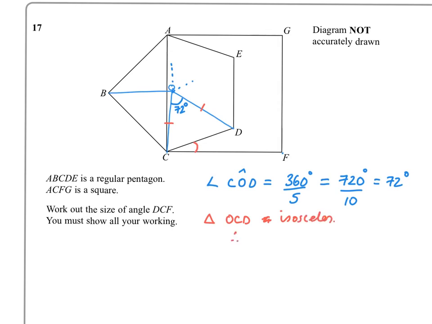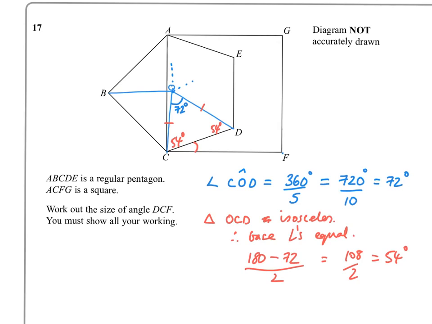And therefore base angles are equal, and they will be 180 minus 72 halved, because they've got to share what's left from 180, which is 108 halved, which is 54 degrees. So these are 54 degrees here.